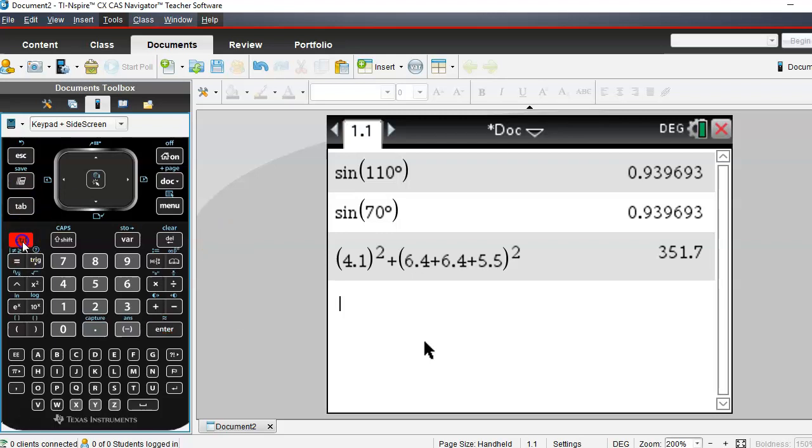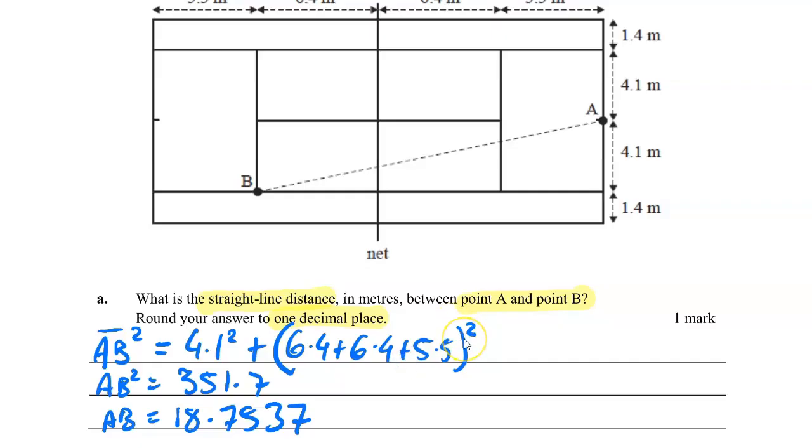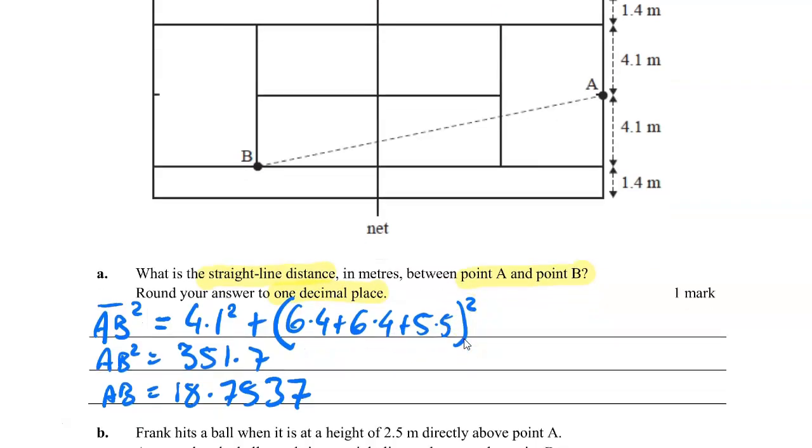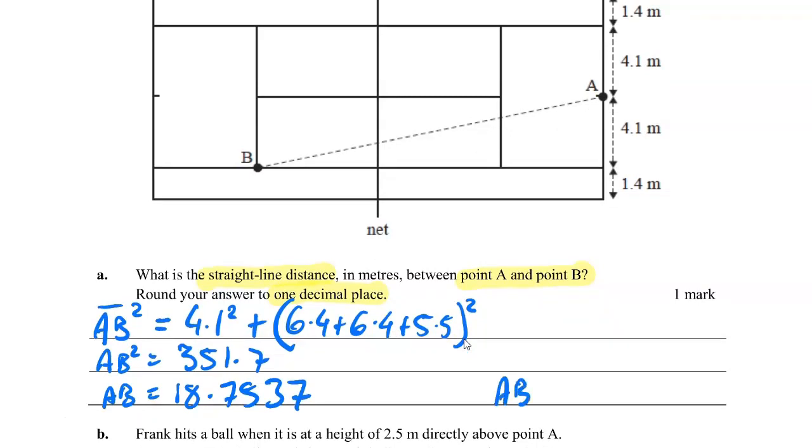Right, so control that, bring up the square root, arrow up to grab that, press enter, hit enter again. Okay, so AB is equal to 18.7537. Right, we go back to our problem and it's set to 1 decimal place. So that means AB is equal to 18.8 meters.